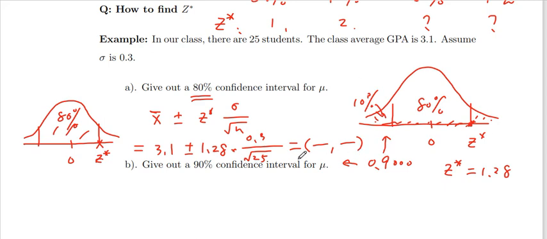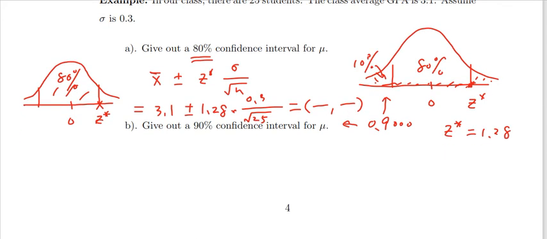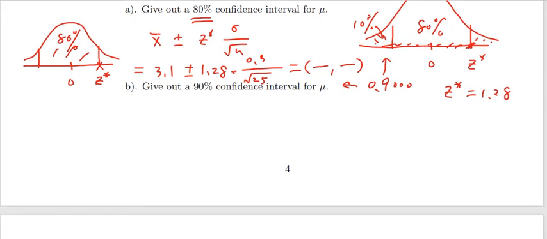Okay, so now let's check how about the 90% confidence interval? It's also easy, right? So 90% means like this is 90%. This cutoff point is Z star. So this is 90%. Then here is 5%, 5%.